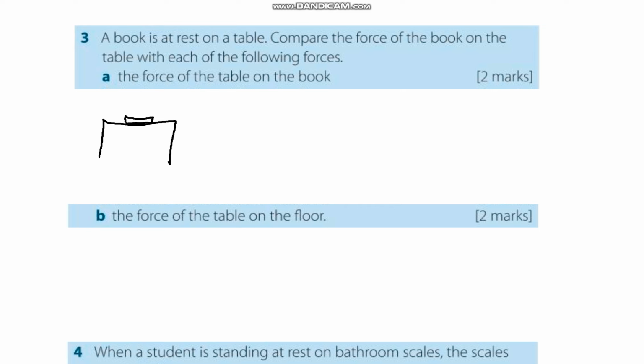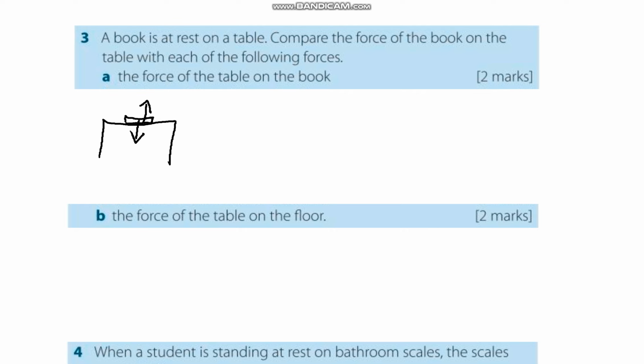okay, and the book is weighing down on the table with a force of some size, whatever it is, say 10 newtons, then the table is going to be pushing back up on that force in the equal size of whatever it is, 10 newtons, and in the opposite direction.